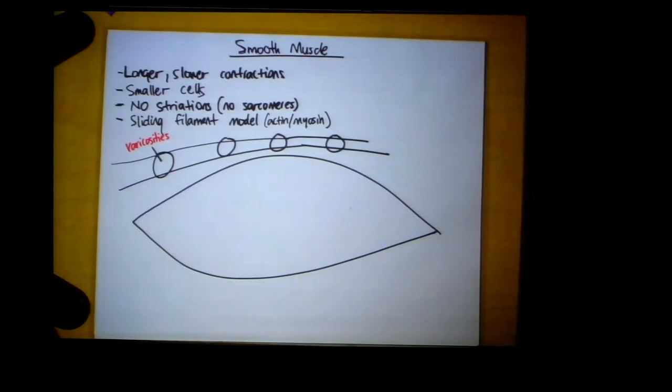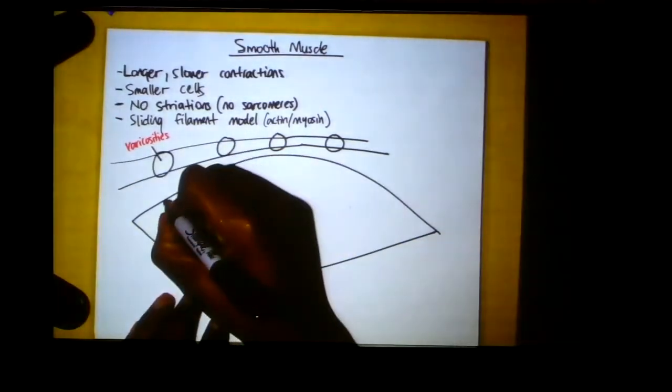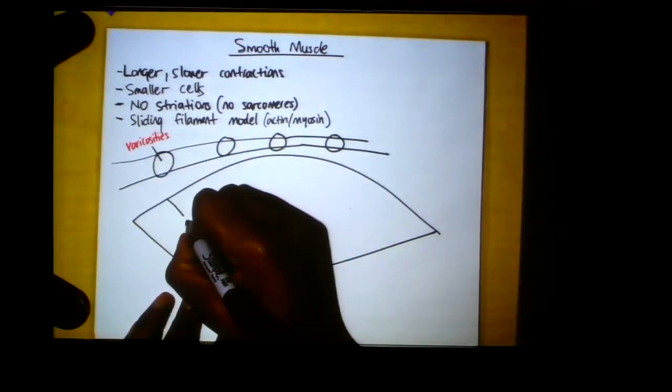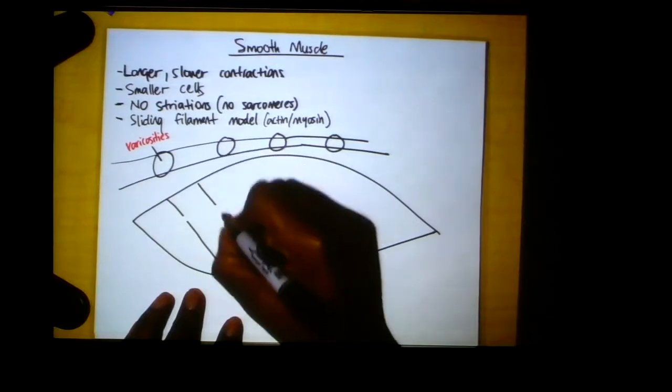Now, along the muscle cell, we still have the interaction of actin and myosin. Okay, so I'll just draw these here.